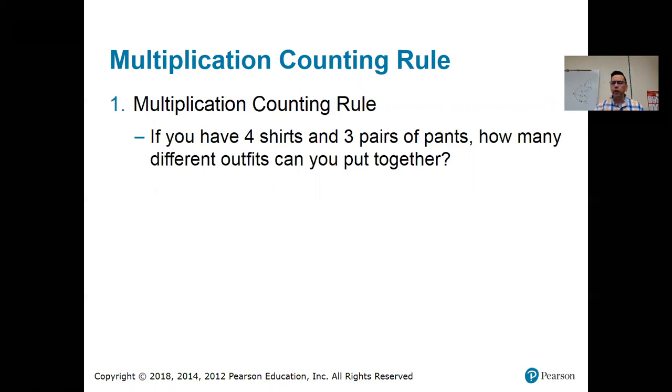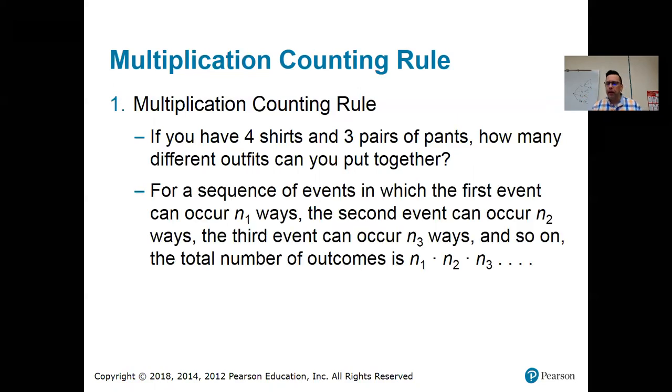So the way that it works in general is for a sequence of events in which the first event can occur n1 ways, so n1 is some number. The second event can occur n2 ways. So in this tired cliche example, the first event is pick a shirt. The second event is pick a pair of pants. And you could extend this to any number of things.